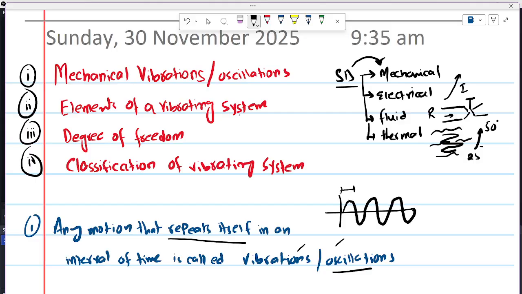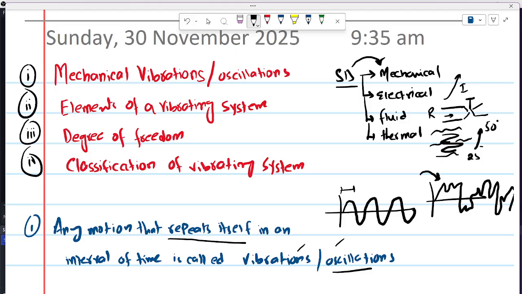While vibration can be oscillation, it can be random as well. Let's say this one, although it is also vibrating, it doesn't have any fixed pattern. Although we will study how we can find a fixed pattern out of such random vibrations. There's a specific technique for doing that.